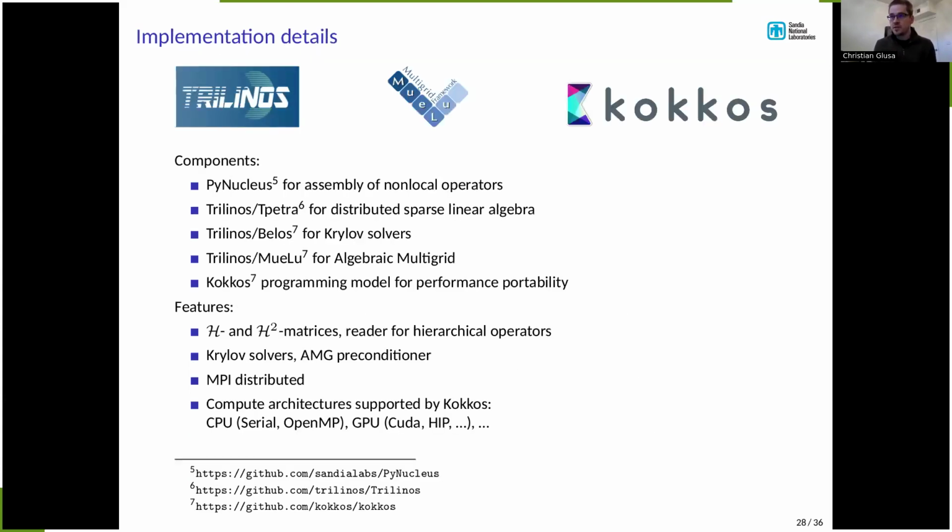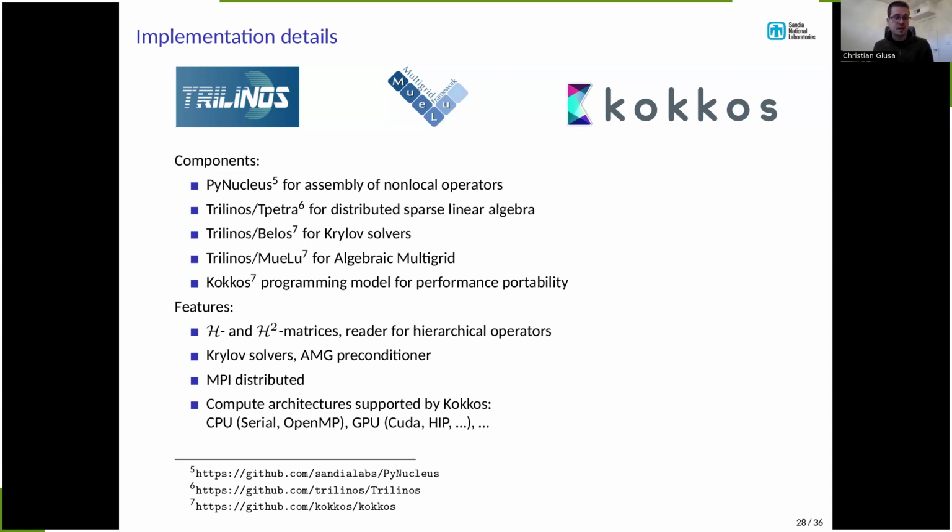All right. So, talking a little bit about the implementation itself. There are a couple of components that go into this. The first is my own code, called PyNucleus, which deals with all the assembly of these non-local operators. And for the entire solver part and all the algebraic multigrid, I'm reusing components from the Trilinos library, for example MueLu for algebraic multigrid.